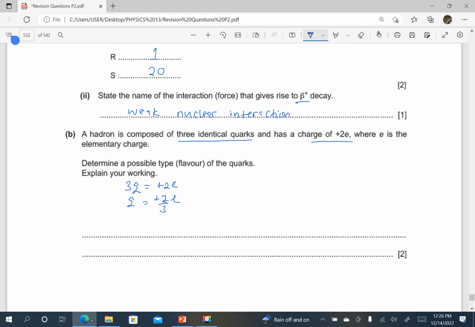And the quarks with this charge are up, charm, or top. So these are going to be up quarks. Although I say charm and top are not common, they are up quarks because this is the charge for up quarks.